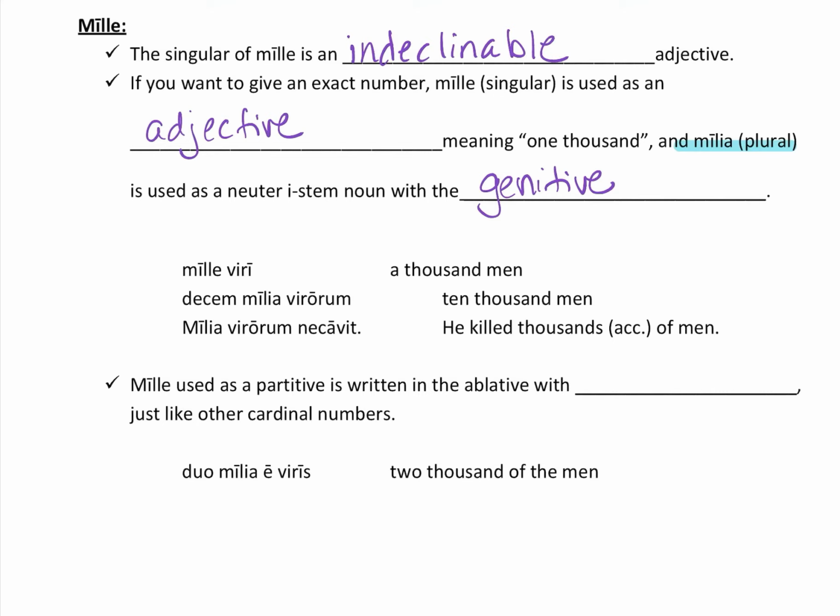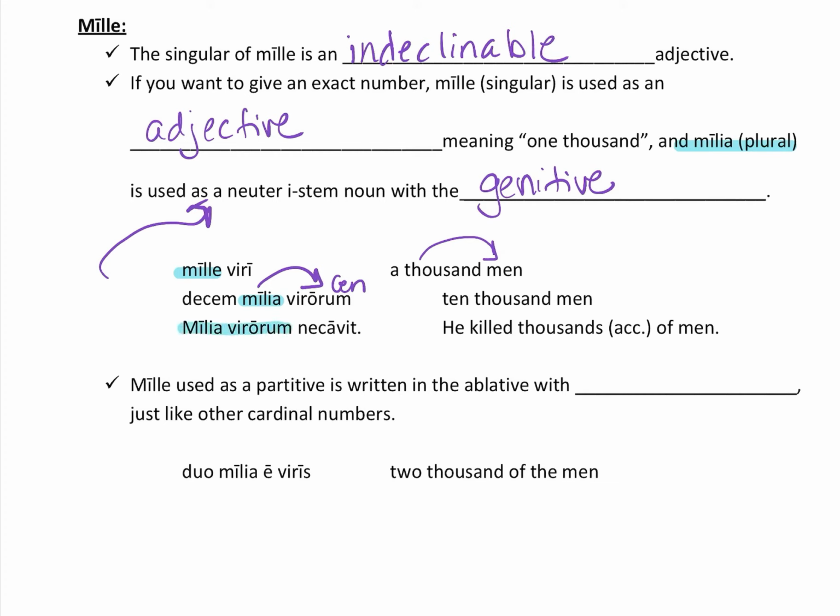Okay, so here mille is just being used as an indeclinable adjective. What is it modifying? 1,000 is modifying men. So decem millia, here we have it in the plural, and it's being used, of course, with virorum. It's used like an i-stem noun with the genitive, and so we've got 10,000 men. So here we have the genitive, just like an i-stem noun with the genitive.